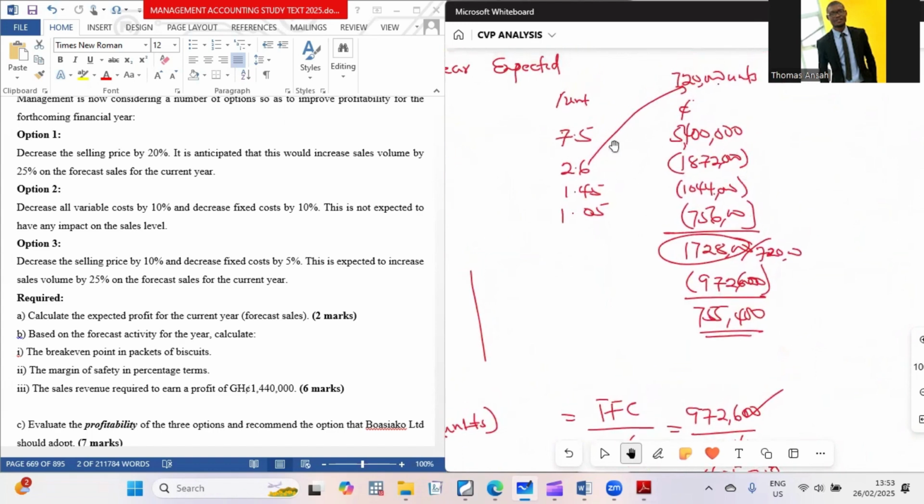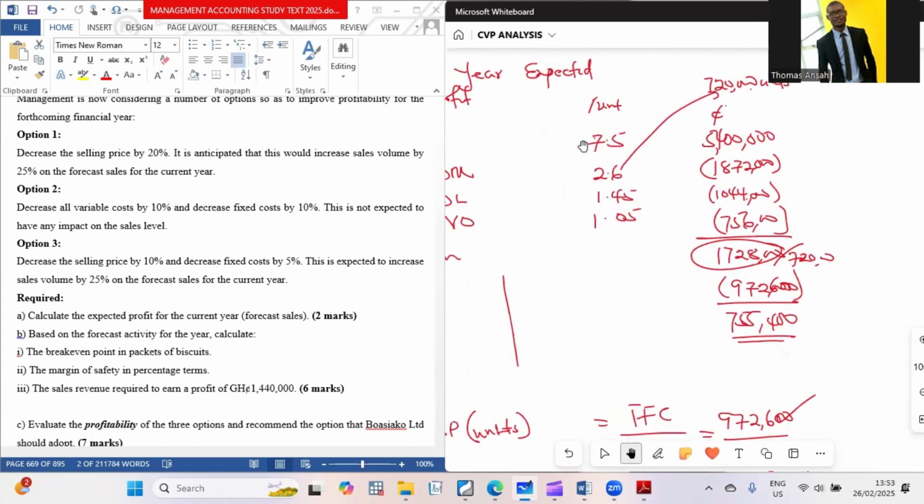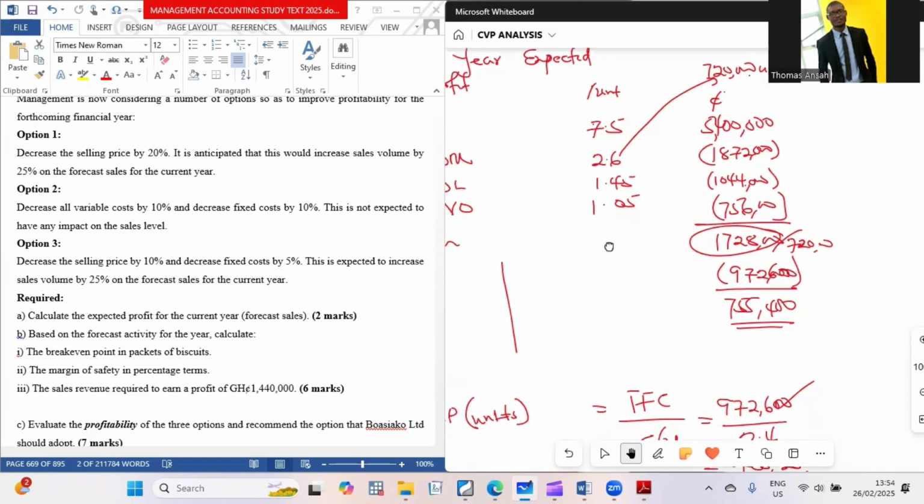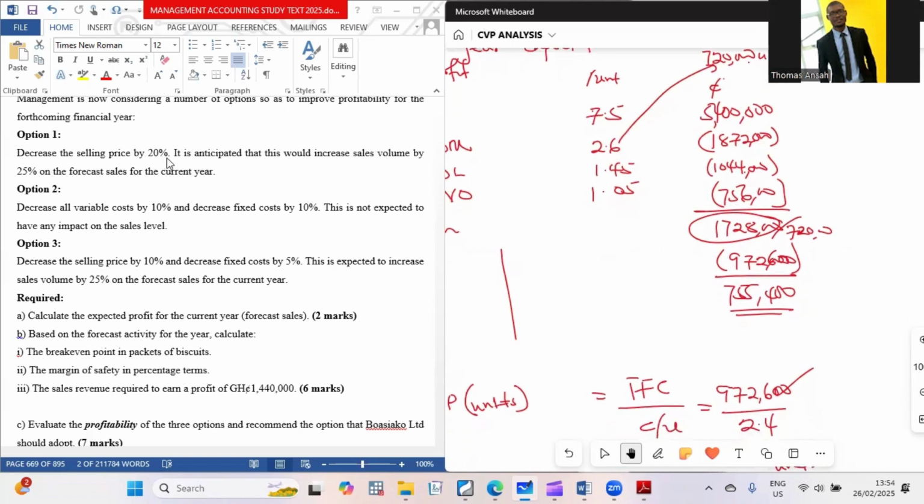My sales was 720 and I've increased this. So basically, 5,400 was increased by 1.2. Is that 1.2? The selling price. So these two are going to increase. So I need to combine my variable cost and also increase it. The variable cost is just volume by... this one is sales, so it's not about variable cost.